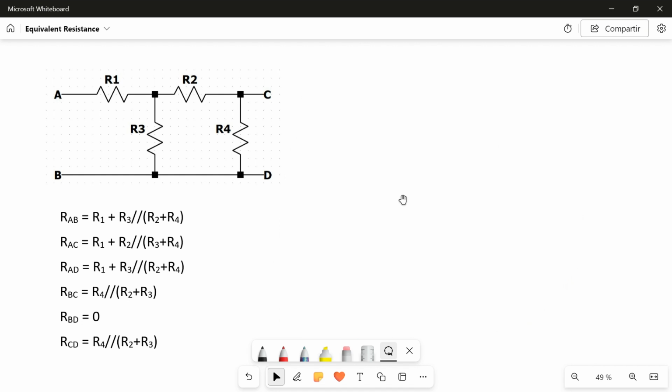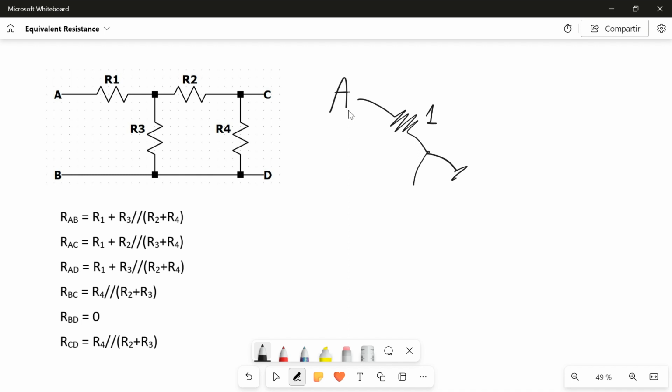For example, if I want to calculate the resistance between A and C, I will write down something similar but not the same as before. So I have my terminal A, I have again R1, then I split into two branches.